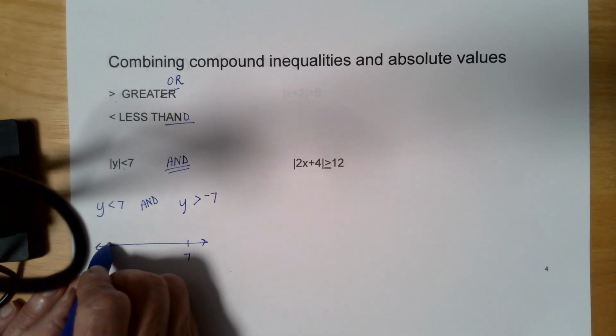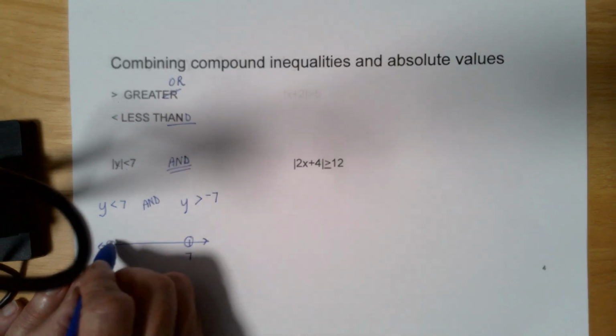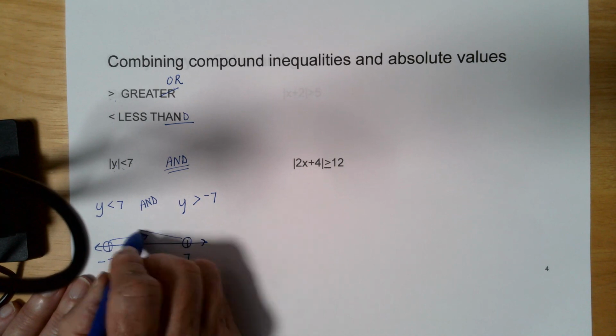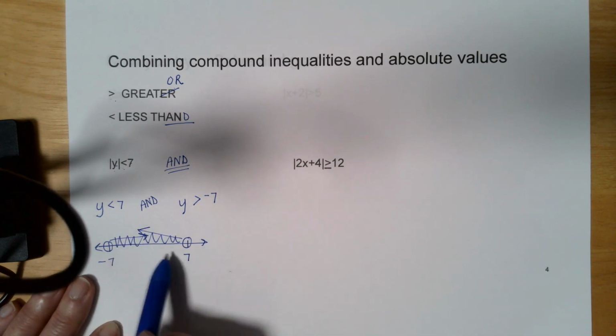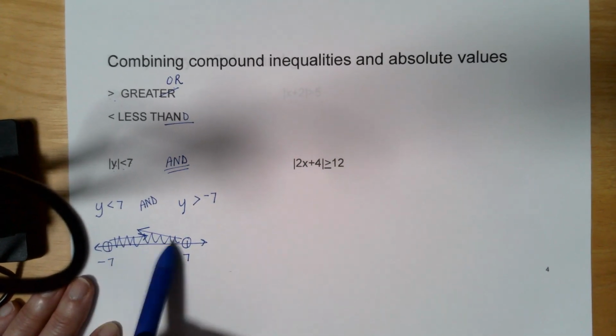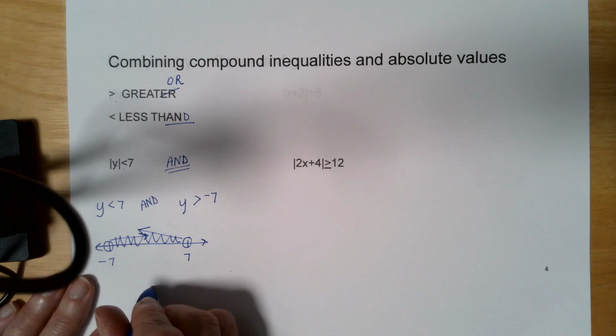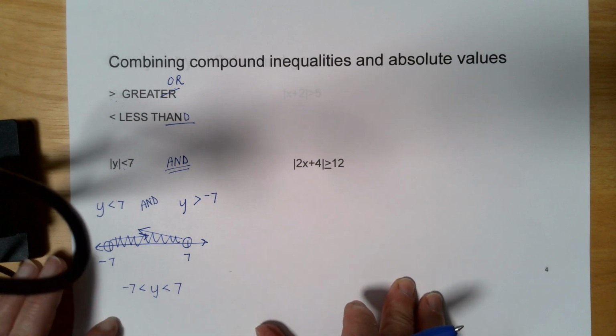So I have a 7, I have a negative 7. They're open circles. This one goes this direction, this one goes this direction. So what I'm solving for, what they have in common, is what's between them. A lot of times people will take a highlighter and highlight there. So y is going to be greater than negative 7 and less than positive 7.